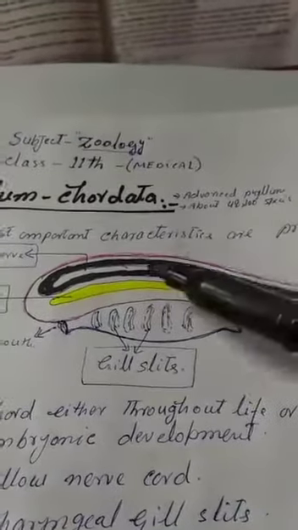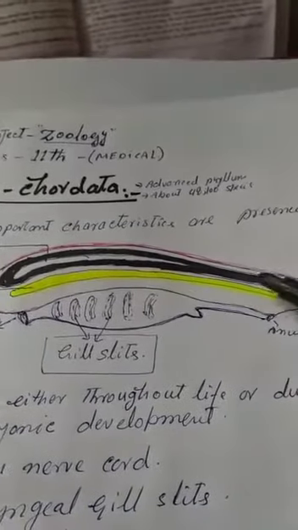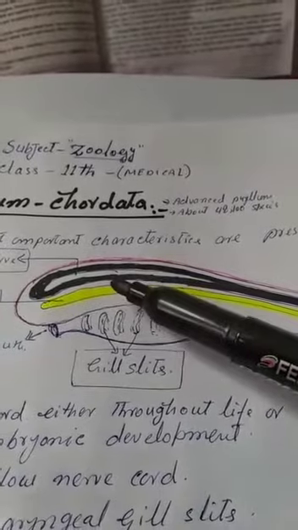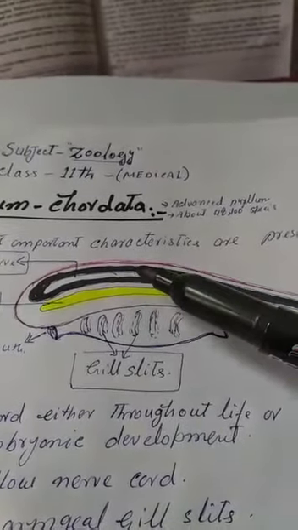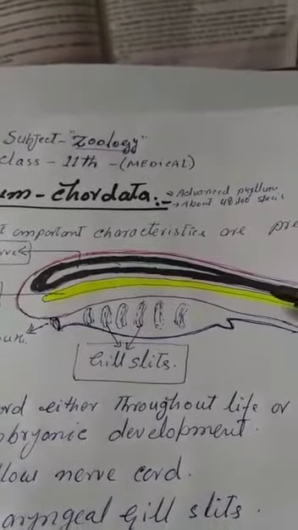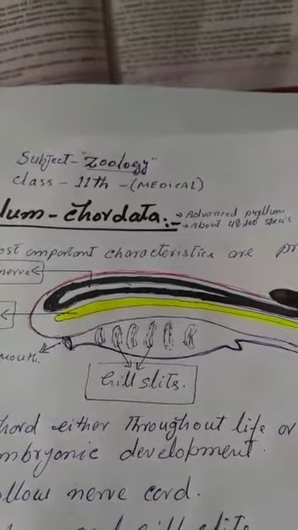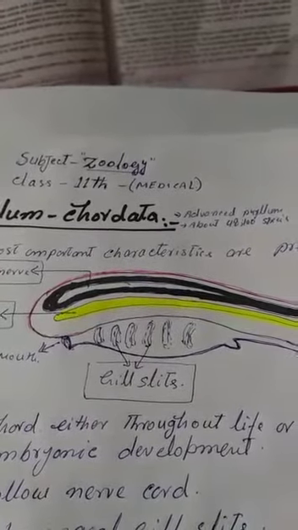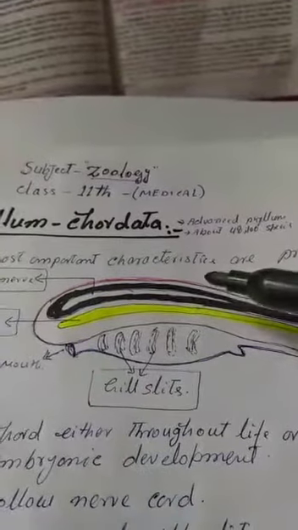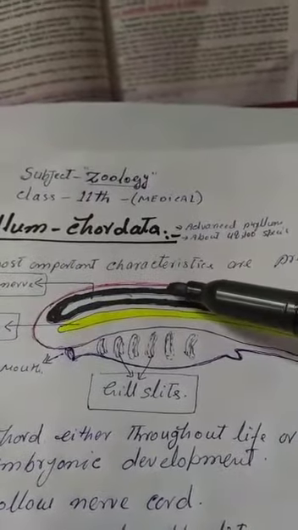As you can see in this diagram, this yellow colored, rod-like structure is the notochord. The notochord is a mesodermally derived, solid, flexible, rod-like structure located in the mid-dorsal line, that is, between the alimentary canal and the nerve cord in the embryo.